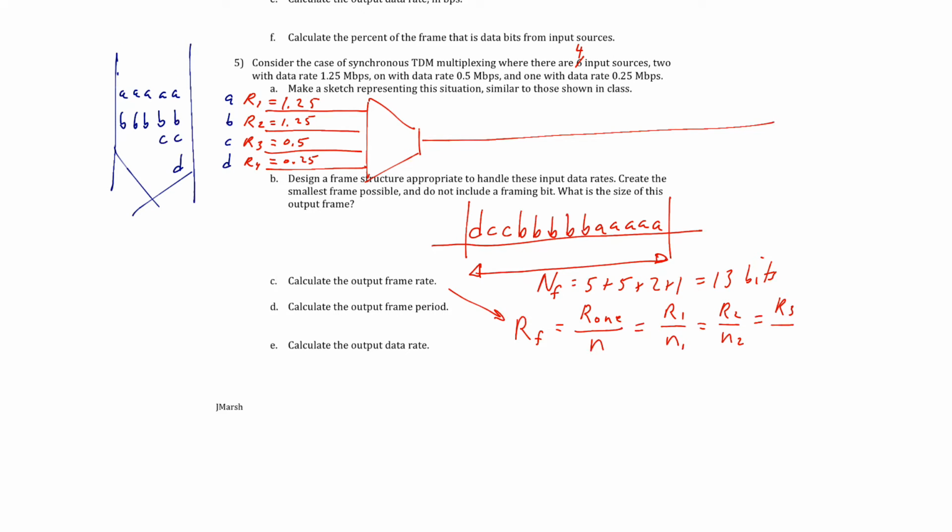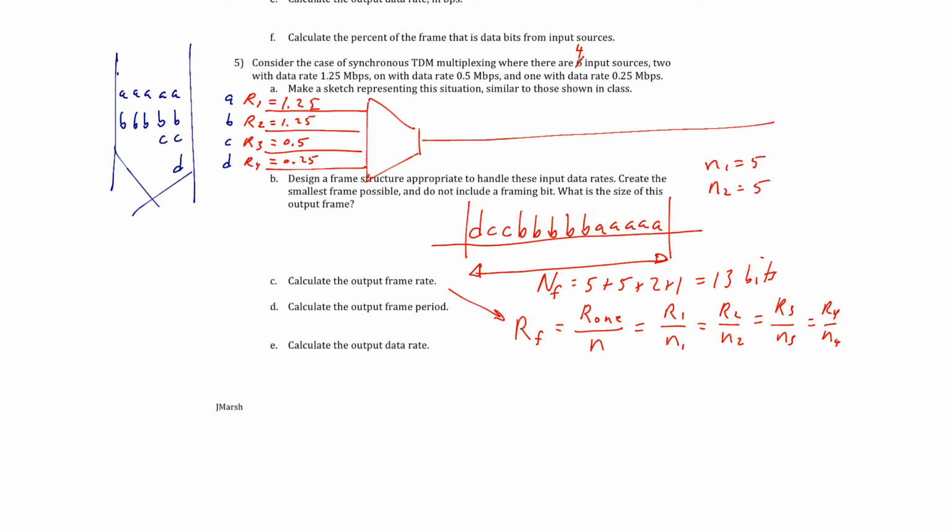And we can double check that we're doing things right. N1 is the number of bits from source 1 that we get in a certain amount of time in the frame. N1 is 5, N2 is 5, N3 is 2, and N4 is 1.